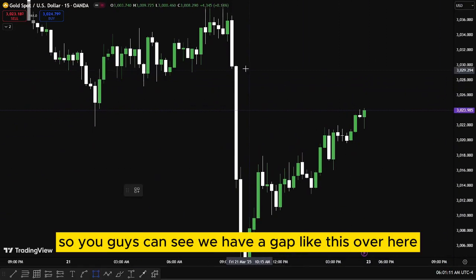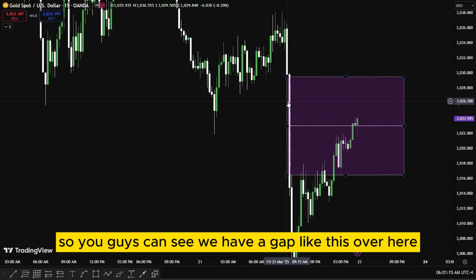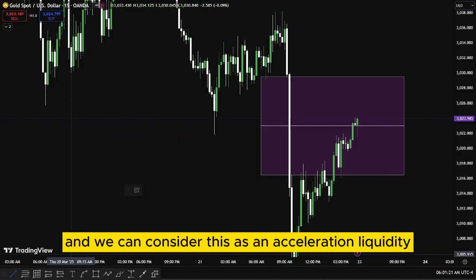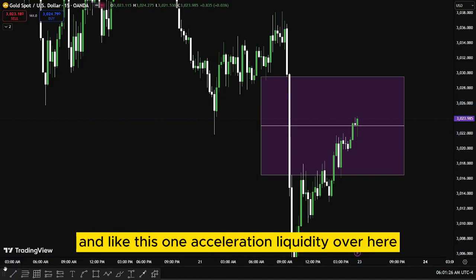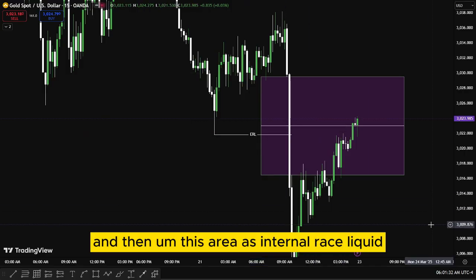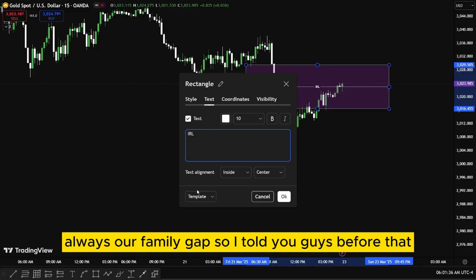You can see we have a gap like this over here, and the gap is getting filled right now, and we can consider this low as an external range liquidity, and like this one, external range liquidity over here, and then this area as internal range liquidity, or our fair value gap.